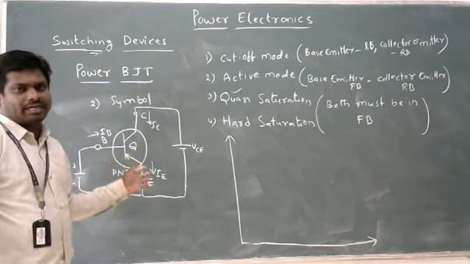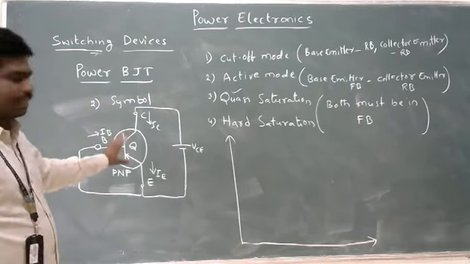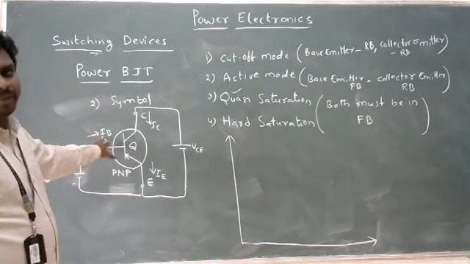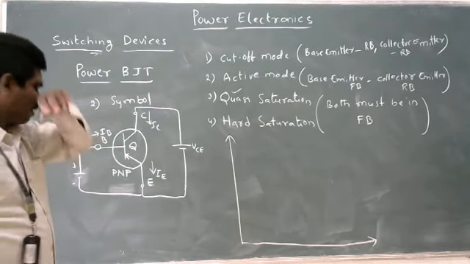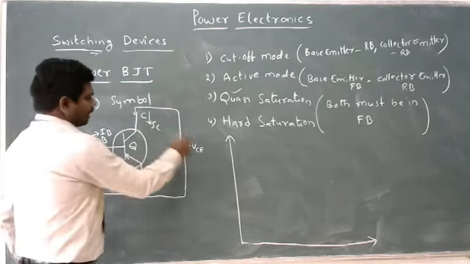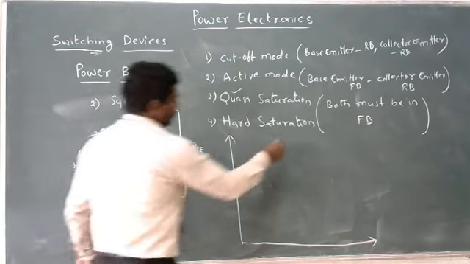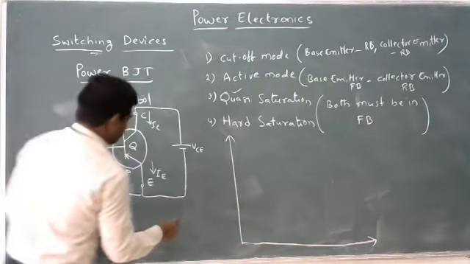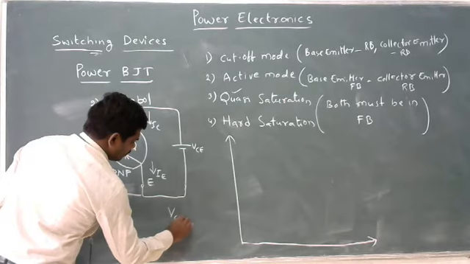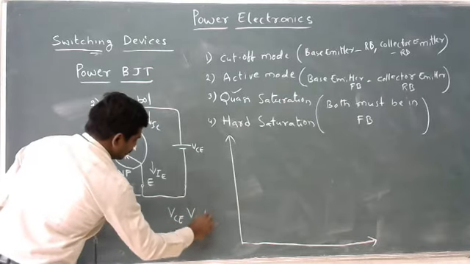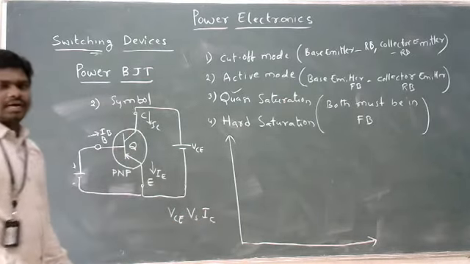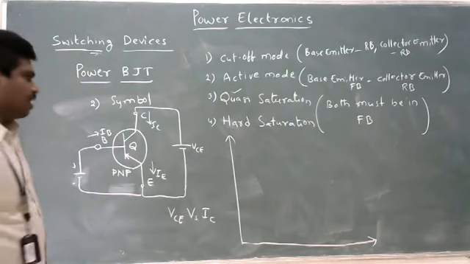When you apply KCL to this power BJT, IE is equal to IB plus IC. Remember that. The output characteristics are drawn between VCE versus IC.